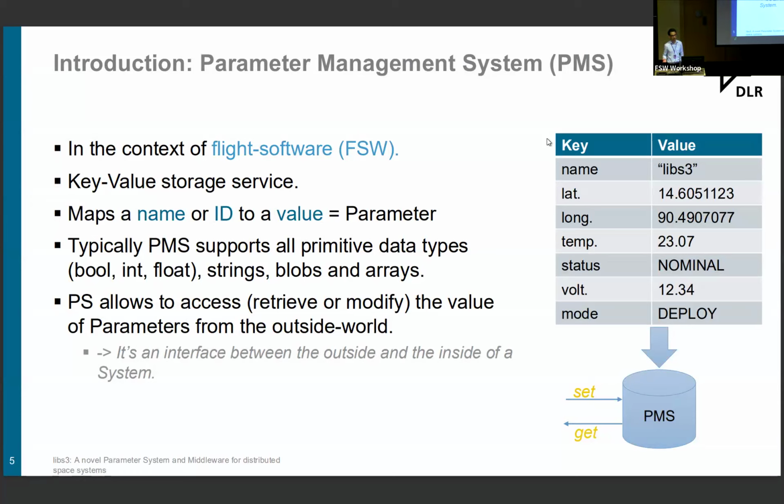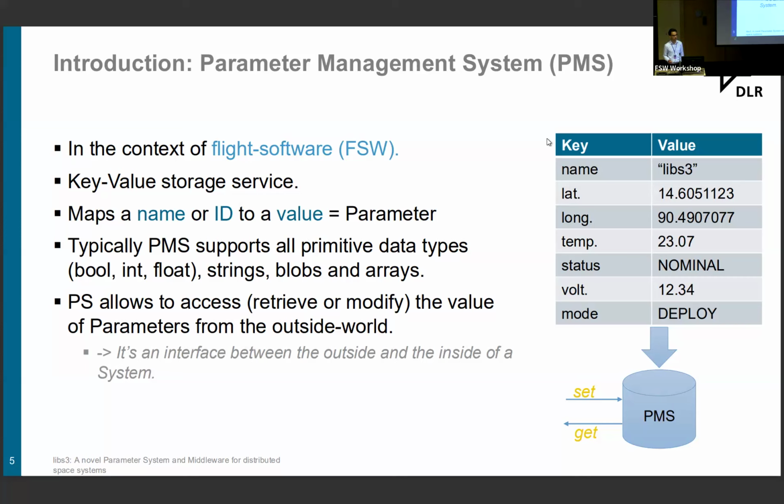The key can be a numerical ID most of the time. It can also be a string. And typically it supports all the primitive data types like integers, floating types, Boolean, strings.